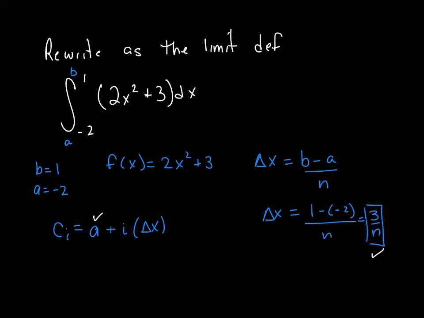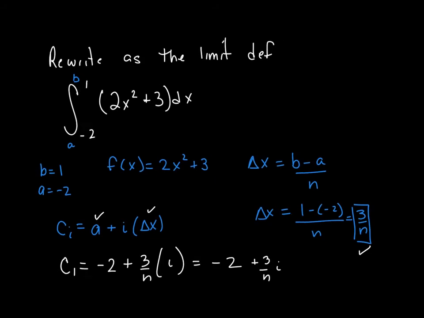So c of i is just equal to -2 plus 3 over n times i, or I can write that as -2 plus 3i over n.